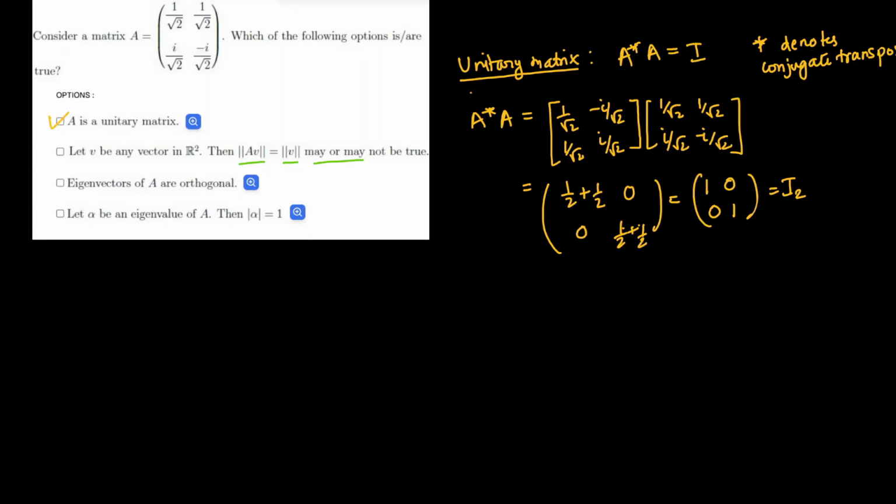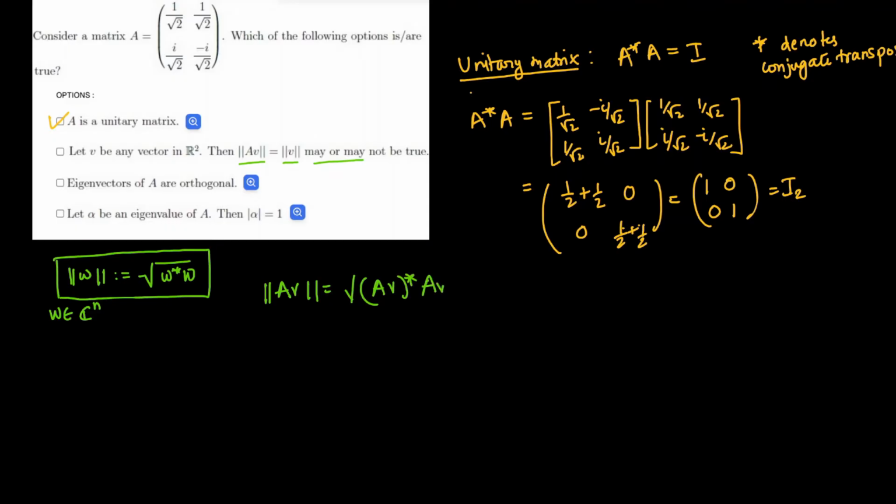Firstly, for any vector W in Cn, the norm is defined to be the square root of W star W. From this we can say that the norm of AV will be the square root of (AV) star AV, which is equal to the square root of V star A star A V. Since A star A is identity, this is nothing but V star V, and by definition this is the norm of V. So this is always true for a unitary matrix: the norm of AV will always be equal to the norm of V. So this option is actually wrong.